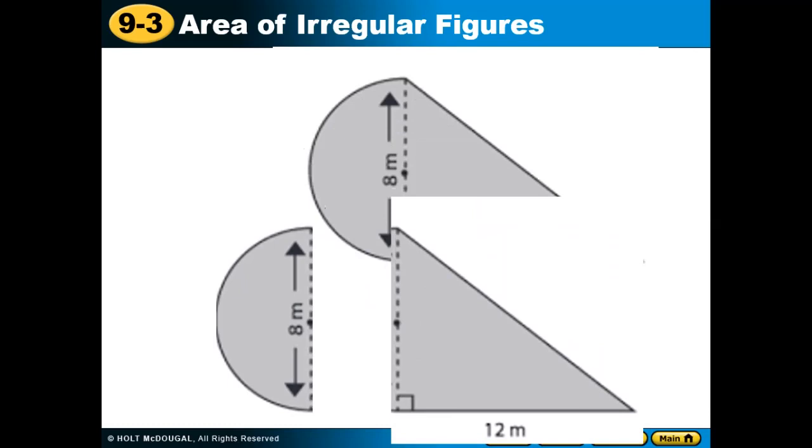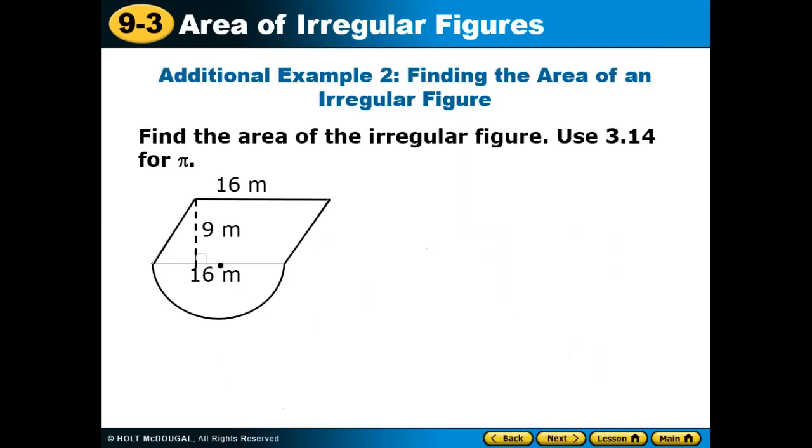How can we do this? Let's see. Find the area of the irregular figure, use 3.14 for pi. If I look at this one, it is not a normal figure which we learned before, right? But it's a composite figure. What does composite figure mean? A figure that contains more than one of the regular figures which we learned before, or figures familiar to us, right?